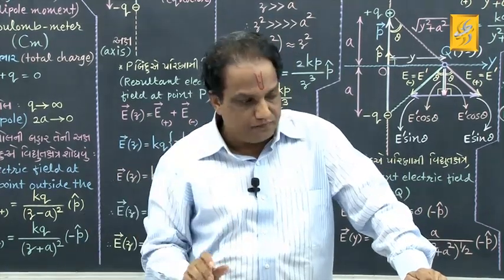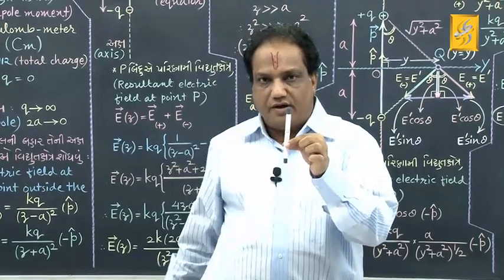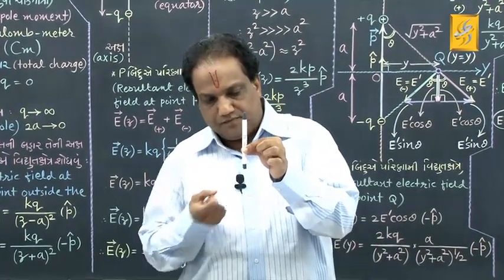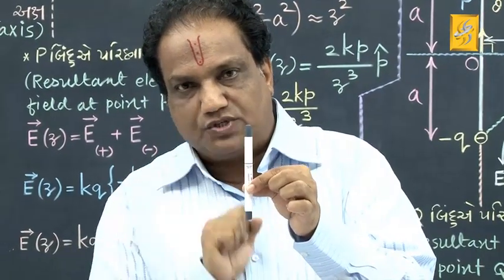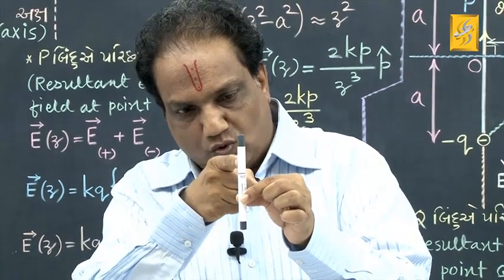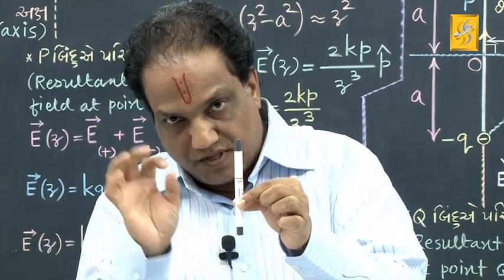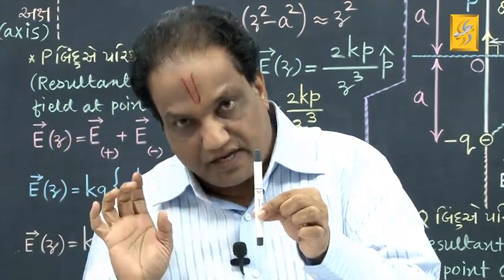How? I am showing you. Suppose this is the axis of a particular electric dipole. Here you may consider negative charge, here positive charge. As I told, a line passing through the two charges in a dipole is called its axis. So, this is now the axis.